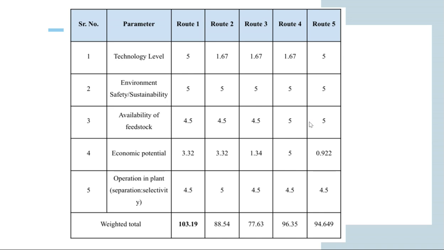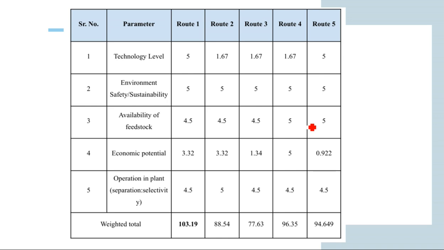Similarly, for environment and sustainability, all methods are equal, so they will get a 5. For availability of feedstock, when we compare qualitatively or in tabular form, we see these are 4 lakh tons per year production of raw materials. So these are getting 4.5, and these are getting 5, because this is 80 lakhs.